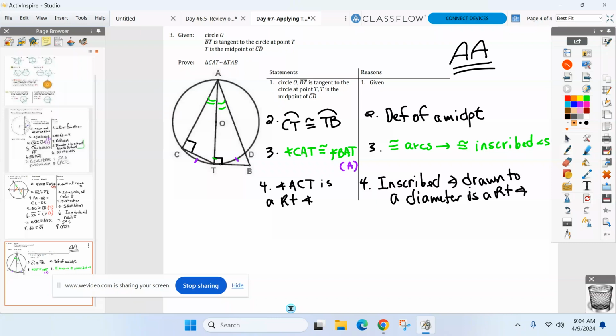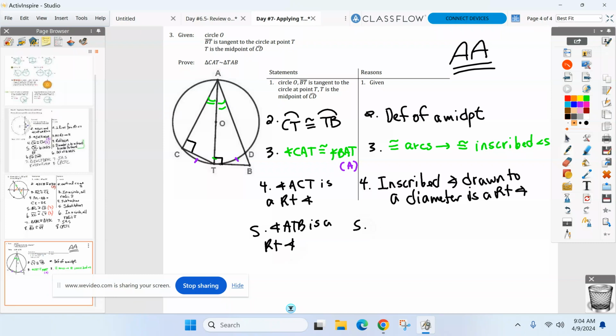Now, let's talk about angle ATB and why that is a right angle. Not because it's an inscribed angle drawn to a diameter, but for a different reason. Even you guys that were in class yesterday, I don't think we reviewed this. We've done this definitely when we did tangents. All right, tangent day.